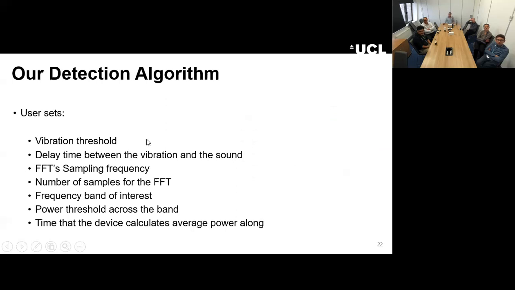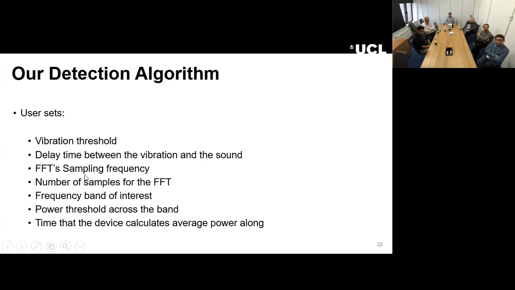So we decided to have a detection algorithm where the user can set the vibration threshold and the delay time between the vibration and the sound, because we are expecting the ground to conduct the waves a bit faster than the air. So the vibration should reach the device before the sound comes. That's why we wanted to add a delay between vibration and sound.